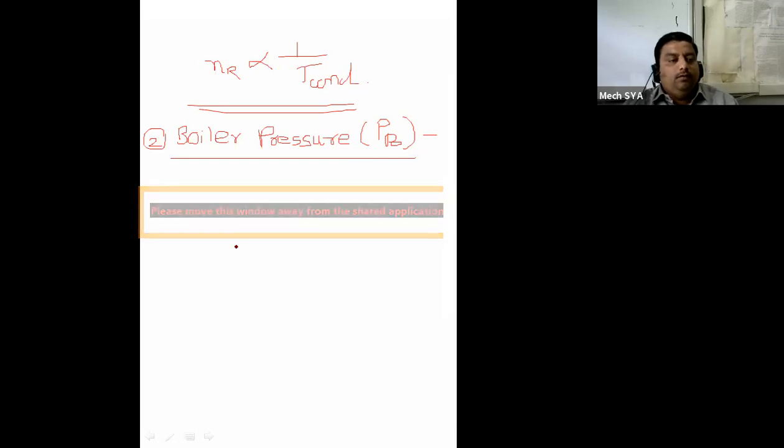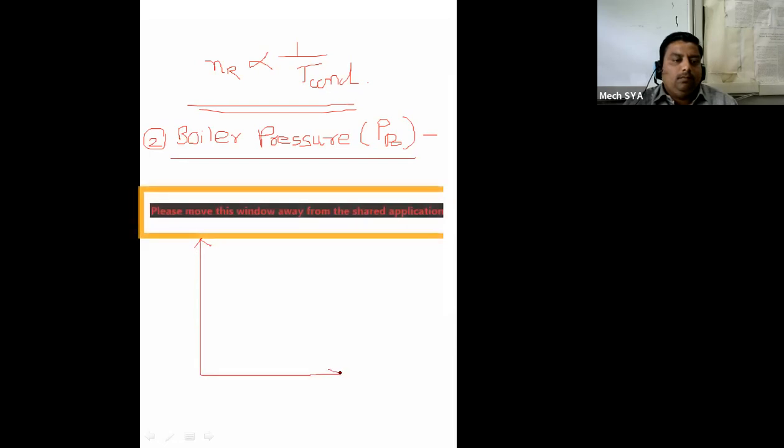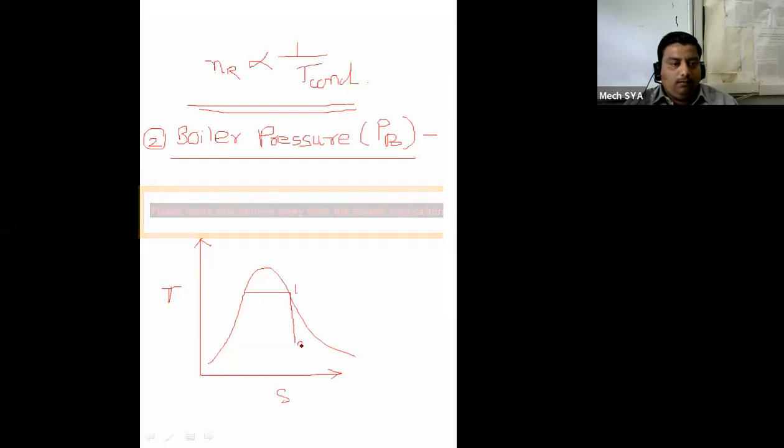Now here we'll go to the TS diagram. Again, remember, we will consider the cycle TS diagram with the help of this.